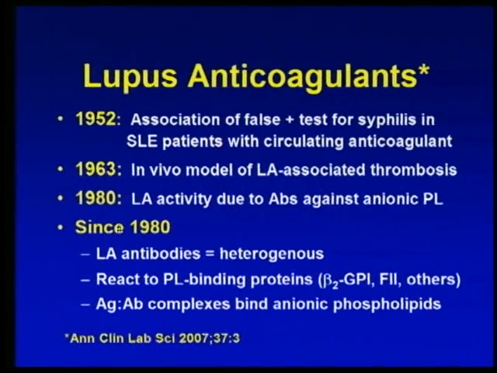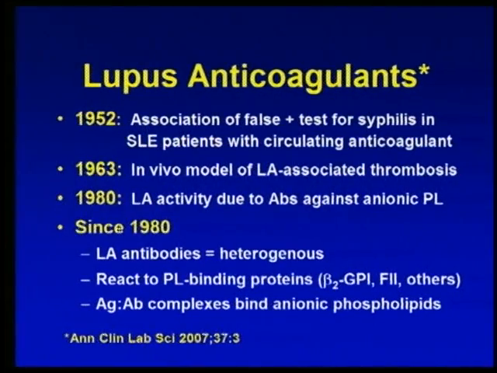Let's now talk a little bit more about the laboratory evaluation of antiphospholipid syndrome and these antibodies. Originally, the antibodies and lupus anticoagulants were identified as false positive syphilis tests in patients with lupus who also had circulating anticoagulant in their plasma with a prolonged clotting time.